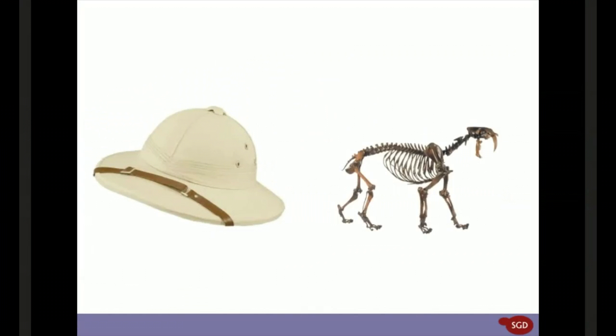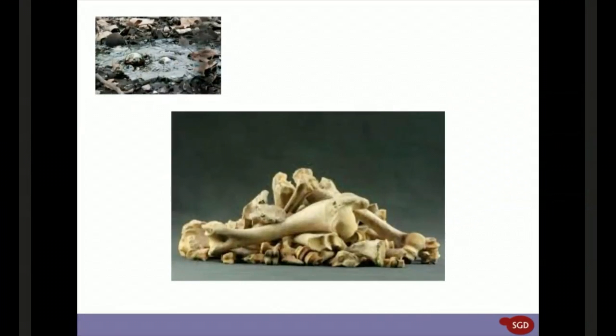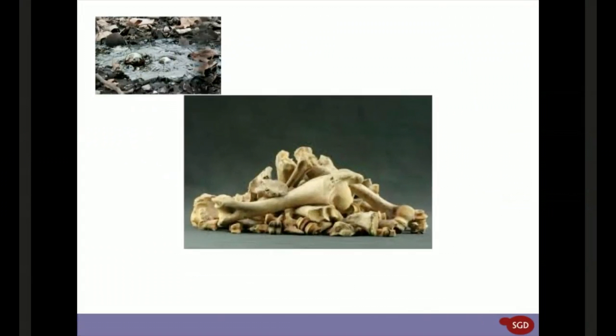To explain, let me draw an analogy. Let's say that you're a paleontologist who wants to study the skeleton of an extinct mammal. First, you'd have to enter an ancient tar pit and spend time retrieving the bones of this mammal. Once that's done, well, you'd have a mixed pile of bones, not quite helpful yet.